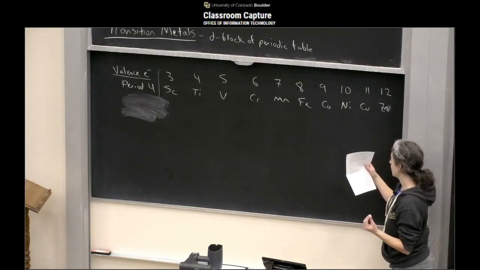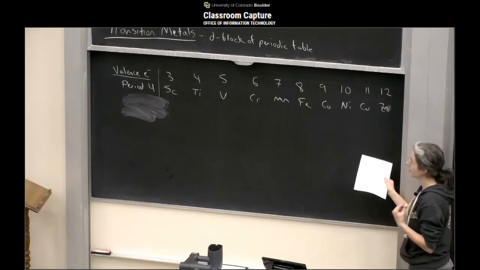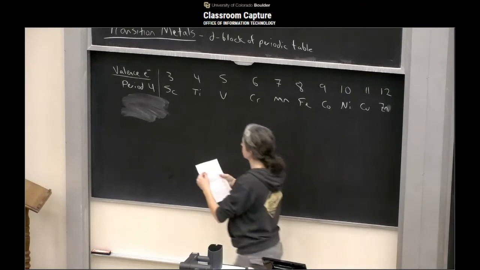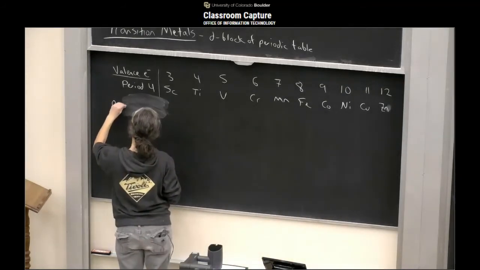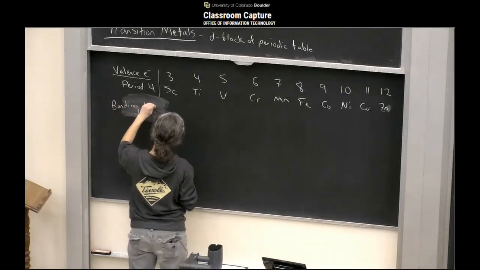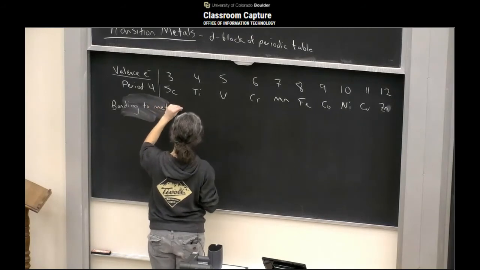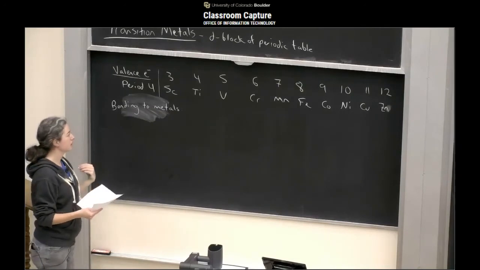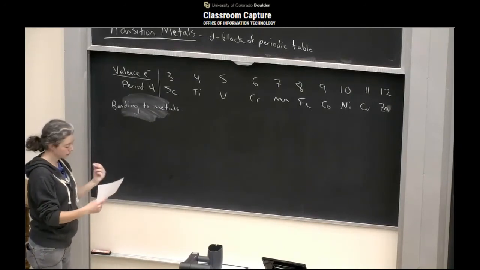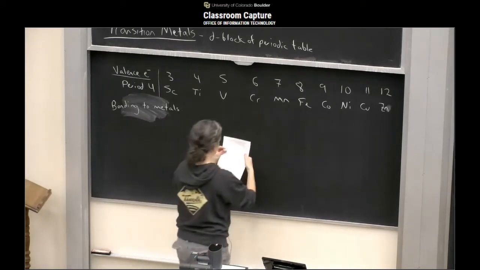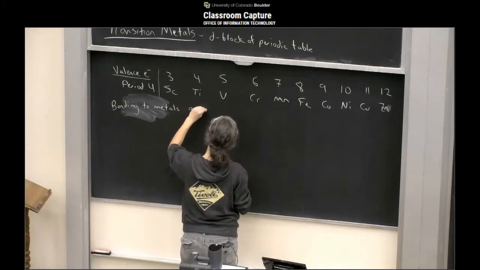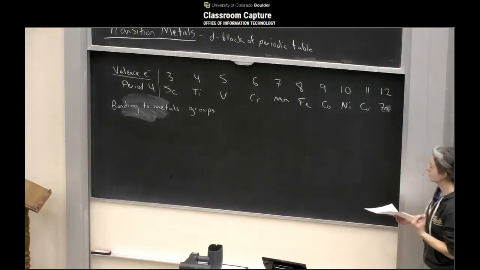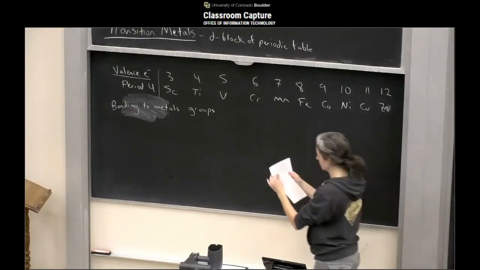Actually, before we get into that though, we're going to look at bonding to transition metals, which is also a little bit different than just covalent bonding. So rather than covalent or ionic bonds, we're going to see that usually the groups that stick to the transition metal are called ligands.